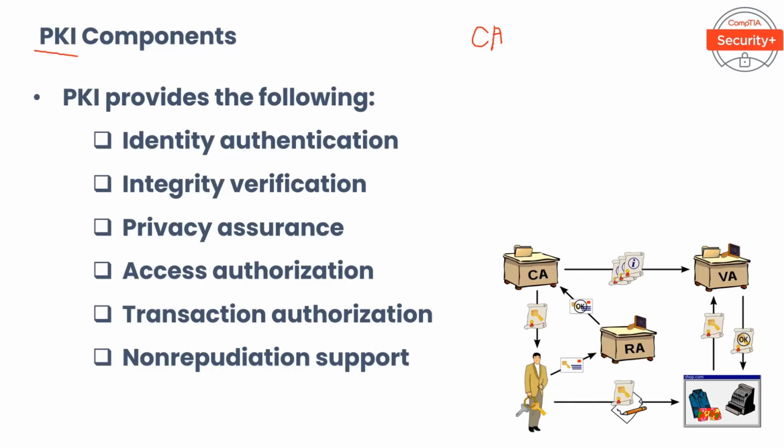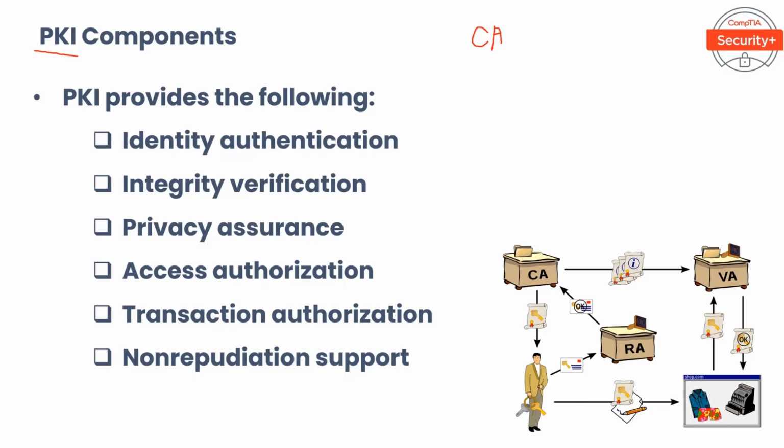With PKI, it is not necessary to exchange the password, key, or secret information in advance. This is useful when involved parties have no prior contact or when exchanging a secure key is neither feasible nor secure.